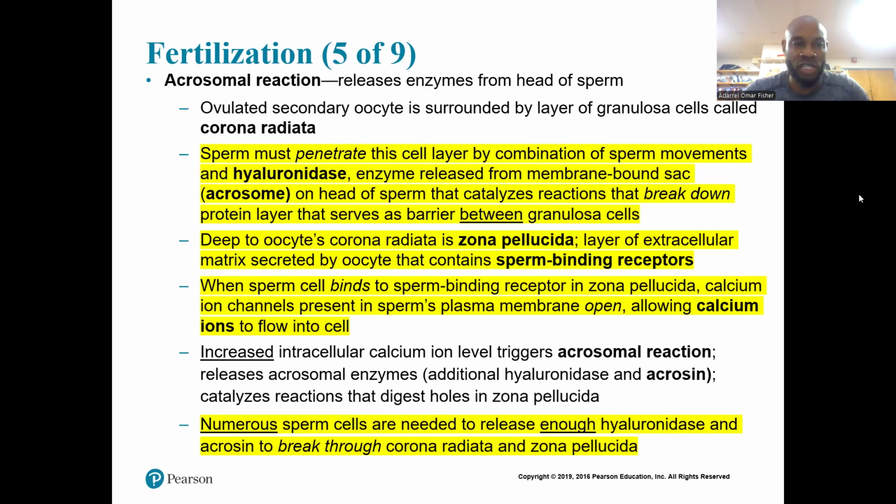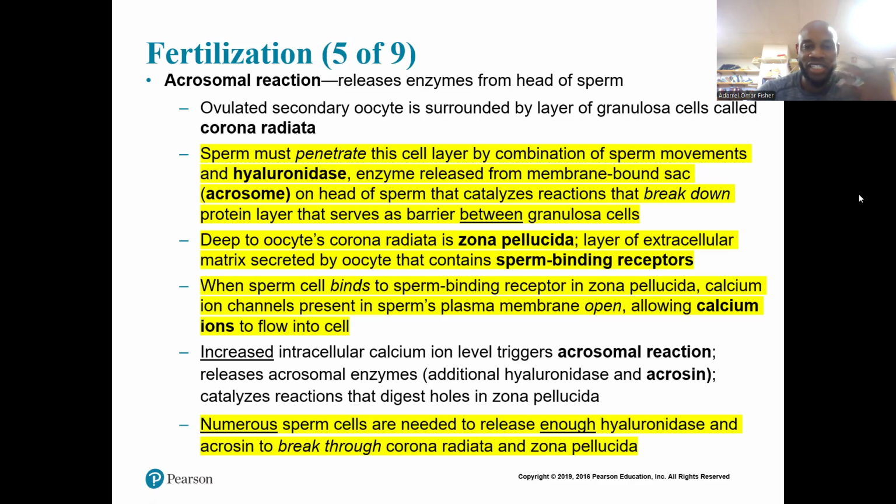What we have here is acrosomal reaction. It releases enzymes from the head of the sperm. The ovulated secondary oocyte, the egg, is surrounded by a layer of granulosa cells called the corona radiata. Sperm must penetrate this cell layer by a combination of movements.